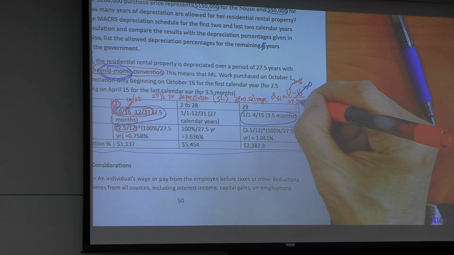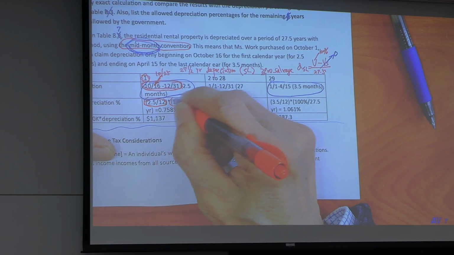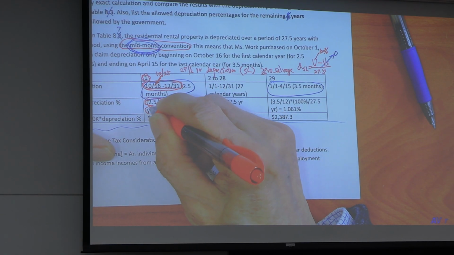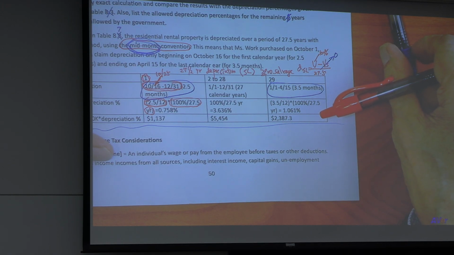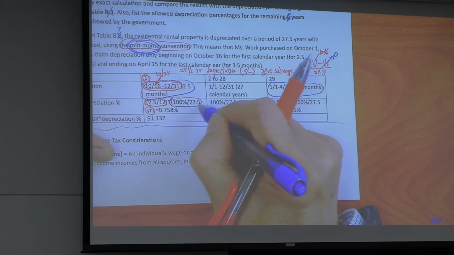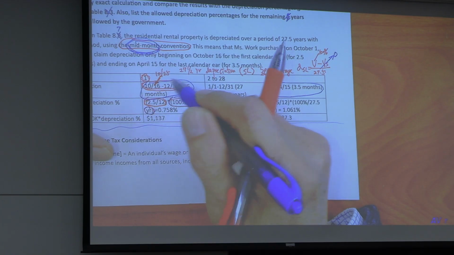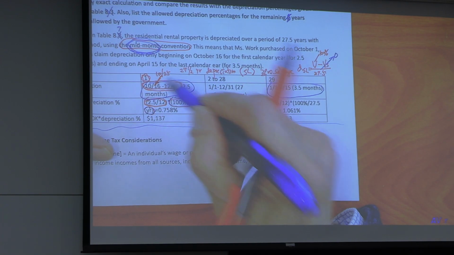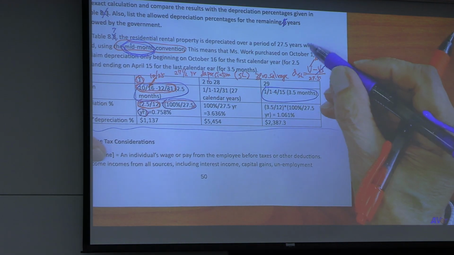Over 27.5 years, 3.636, that is your annual depreciation percentage. Whole year, straight line, 0 salvage. That is your depreciation percentage, times October 16 to December 31st, 2.5 months.